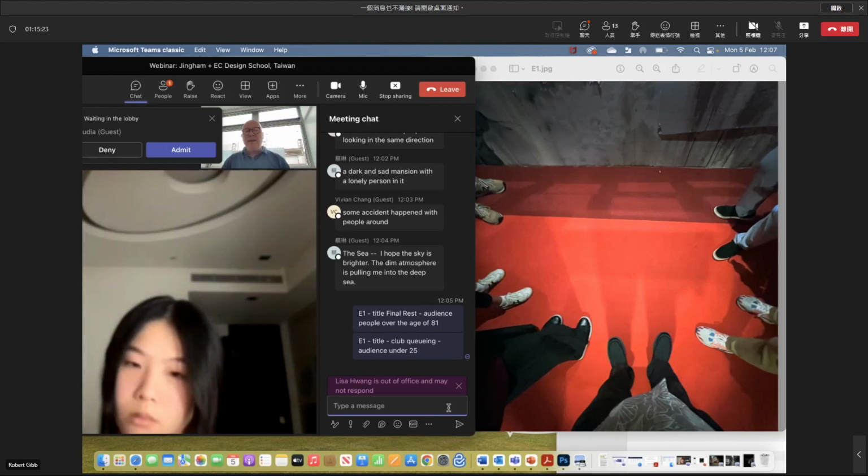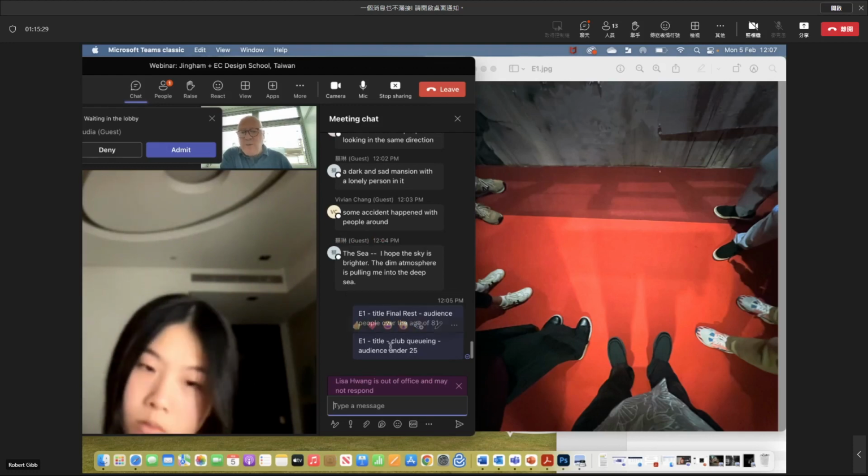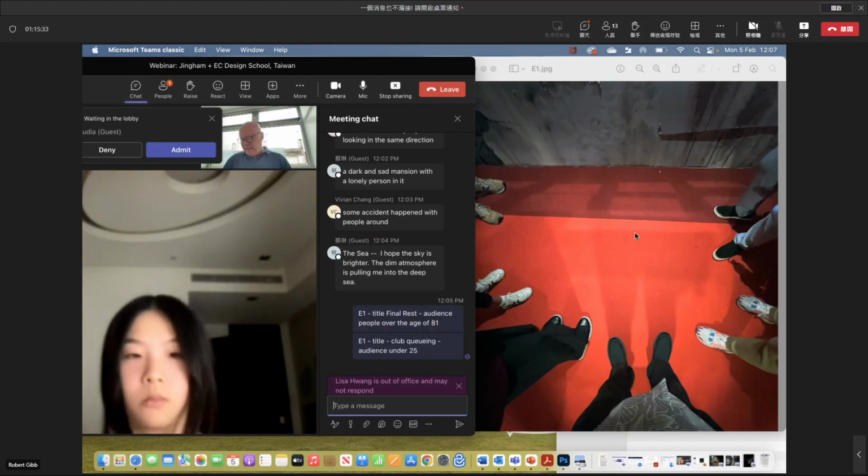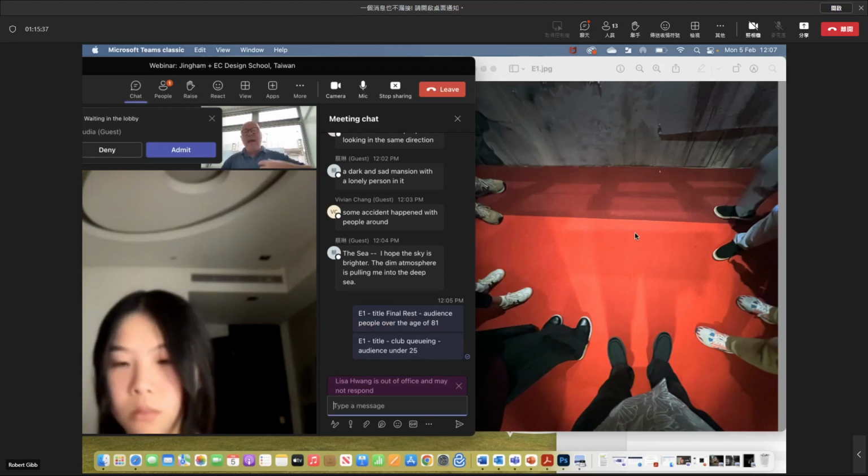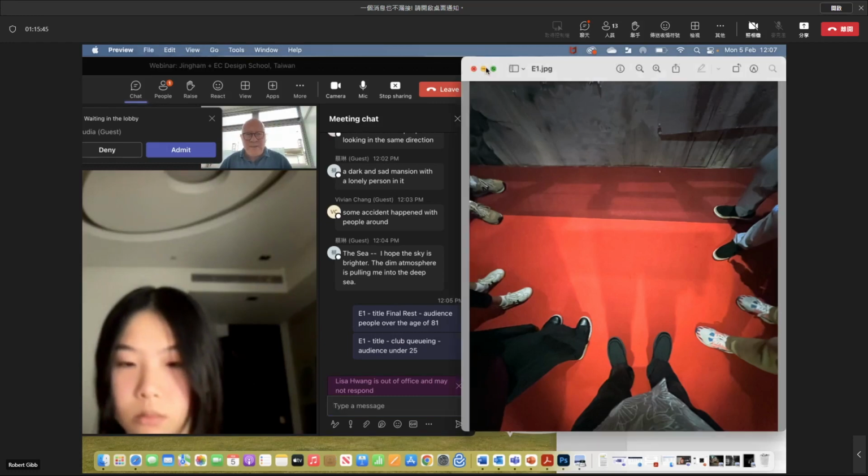So what you can start to do is, when you pull images and create narratives, you think about audiences, you think about titles, but you go back to describing the content. Then you start by maybe creating a small word narrative, and then the title is what the audience latches onto. Does that make sense?